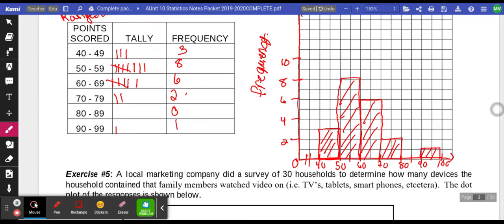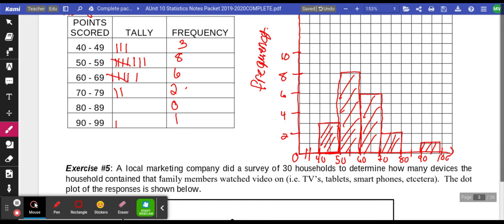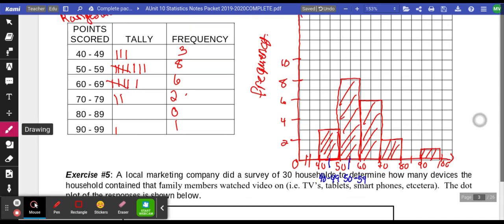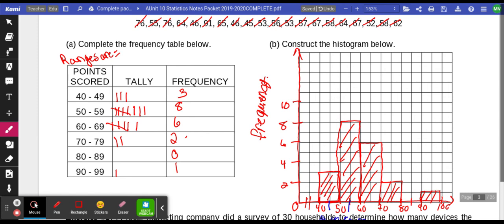Now, I labeled my axes going by tens. If you would like, instead of doing that, you could have labeled this to be 40 to 49, and then this to be 50 to 59, and so forth. That's completely acceptable as well. And that's how I make a histogram. I should give it a title.